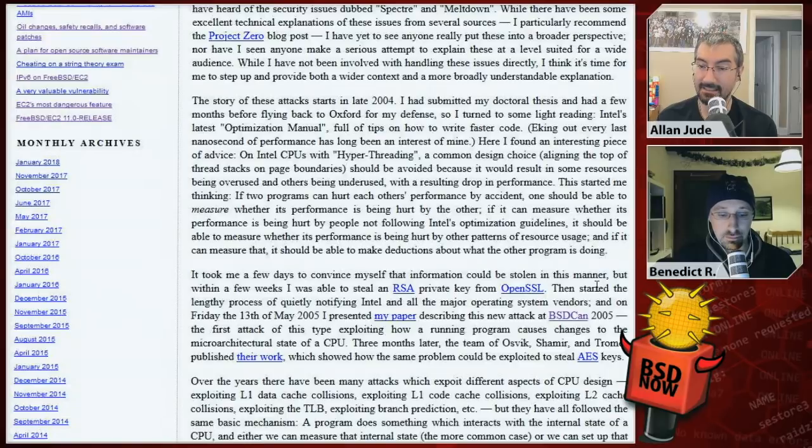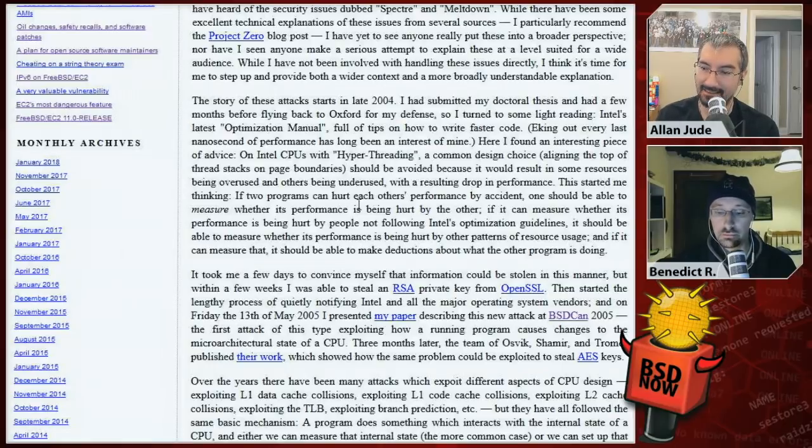This started Colin thinking: if two programs can hurt each other's performance by accident, someone should be able to measure whether its performance is being hurt by the other. And if it can measure whether its performance is being hurt by people who are not following Intel's optimization guidelines, it should be able to measure whether its performance is being hurt by other patterns of resource usage. And if it can measure that, it should be able to make deductions about what the other program is actually doing.